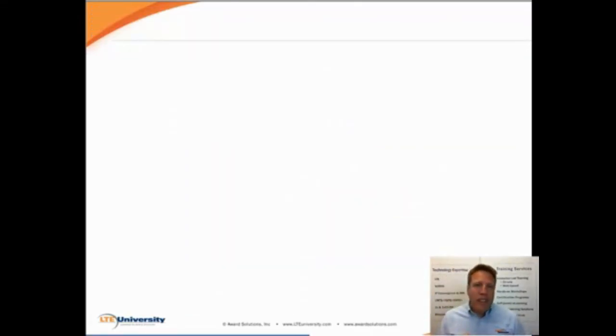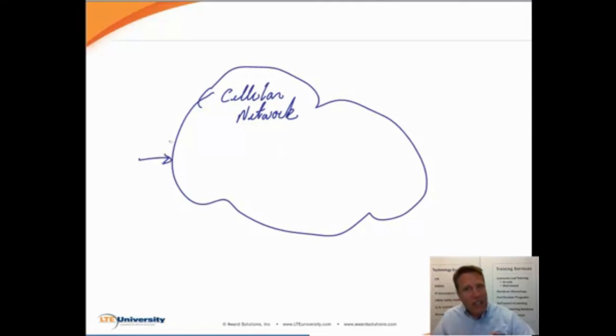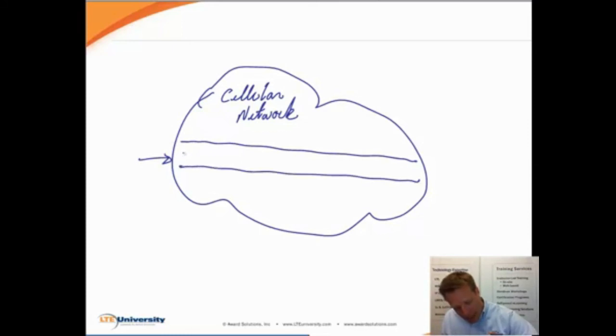Now, in order to understand QoS, it's helpful to understand how current cellular networks treat our traffic. So typically, if this is the cellular network, of course, it can't be a network without being a cloud, right? Data comes in to the cellular network from websites or whatever we happen to be talking to. It could be our enterprise that we are connected to.